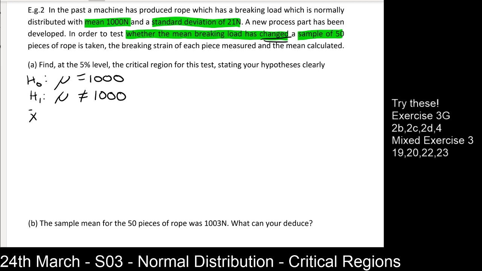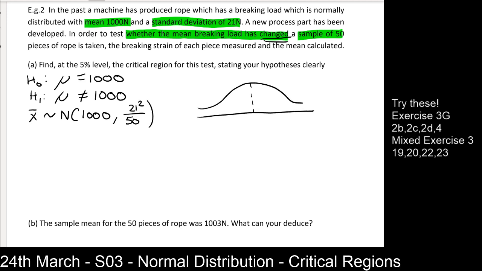Then we write our distribution. I'm going to use x as my variable this time. We've got a mean of 1,000, a standard deviation of 21, so a variance of 21 squared, and we have to divide that by n because we're talking about our sample. So if I just draw a sketch to the side, we've got a mean of 1,000, and what I'm trying to do is find these limits here.